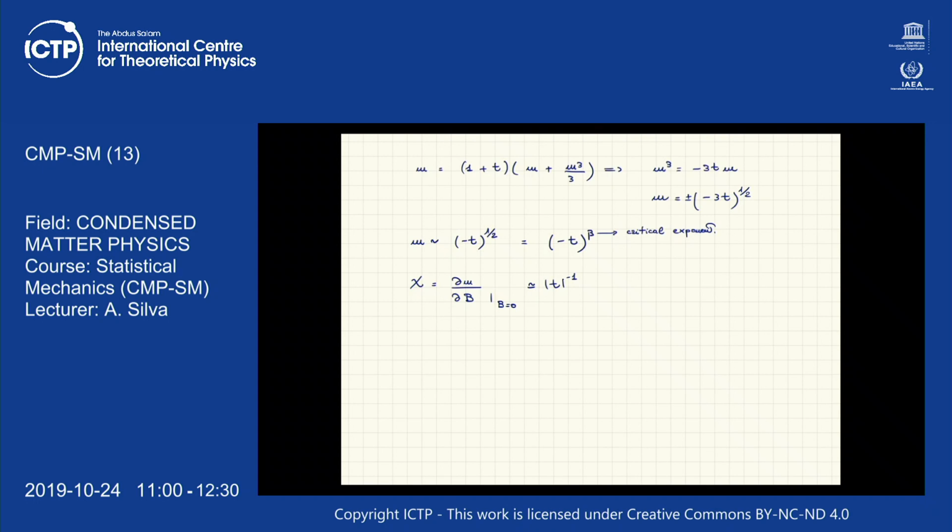Okay? So the susceptibility diverges close to the critical point. This is another example of what people call a critical exponent. It's called in general gamma. Another critical exponent.